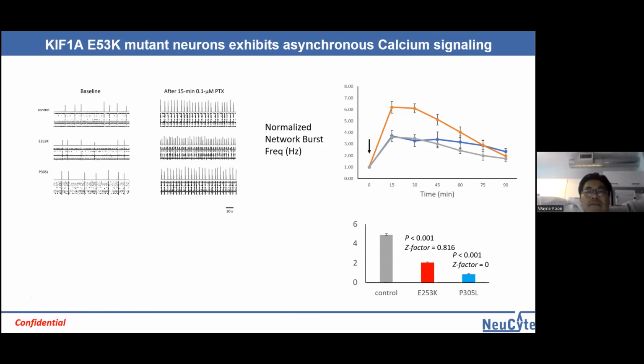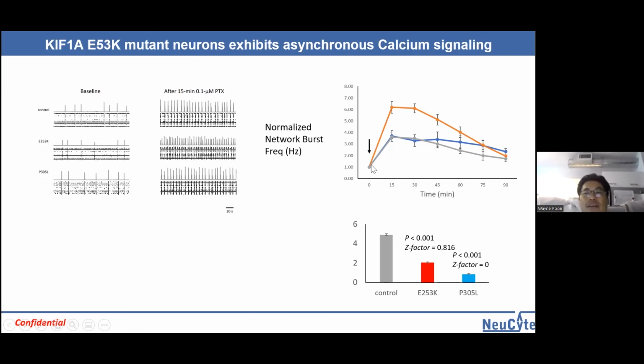So getting back to some of our synchronous MEA phenotypes, what our electrophysiologist Peng Zhao has done is he noticed that upon a subthreshold treatment of picrotoxin, which is to induce a seizure-like activity, you can see that the KIF1A mutations exhibit an increased hyperexcitability shown here after 15 minutes.